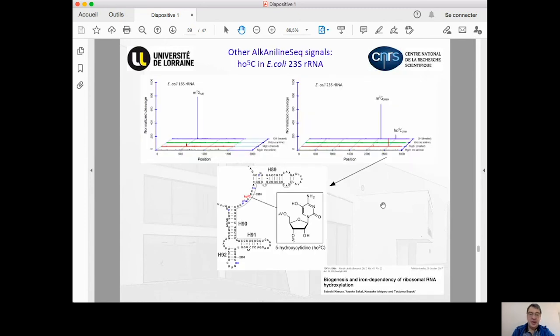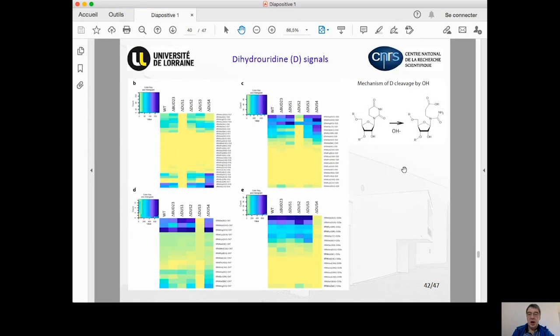So we also inspected different profiles for ribosomal RNA and found that hydroxy-5C, which is only found in bacterial ribosomal RNA, also gives a weak but quite detectable signal in AlkAniline-seq. And for dihydrouridine, which was already observed in the previous slides, knowing that the mechanism of the cleavage involves this opening of the dihydrouridine ring under alkaline conditions, it's not surprising that in AlkAniline-seq this unstable intermediate also decomposes, giving the signal.